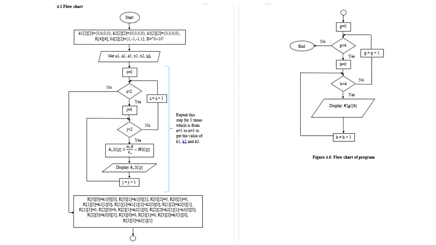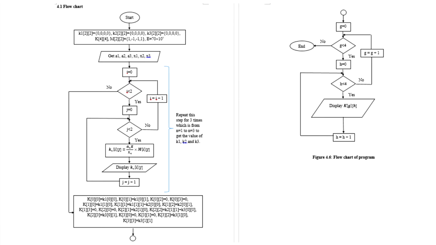After that, we will be using a for loop. Initially, i equal to 0, so it will proceed to the condition i is smaller than 2.